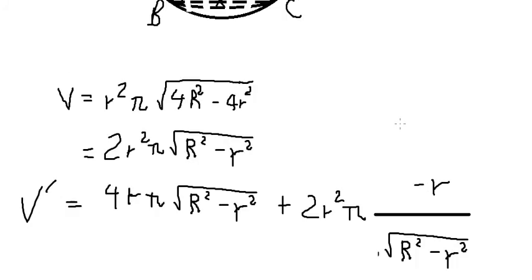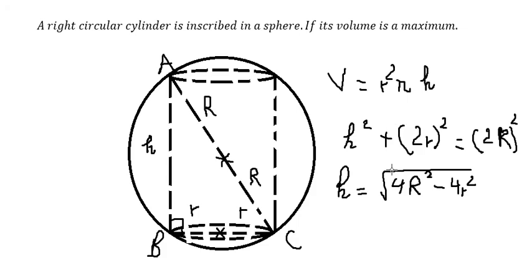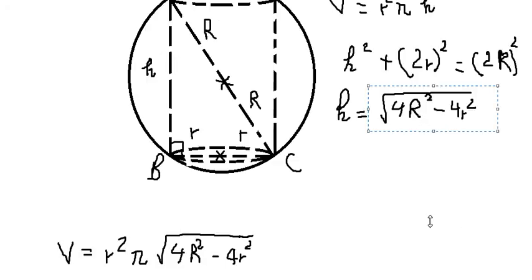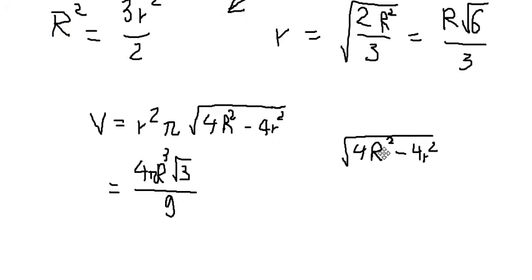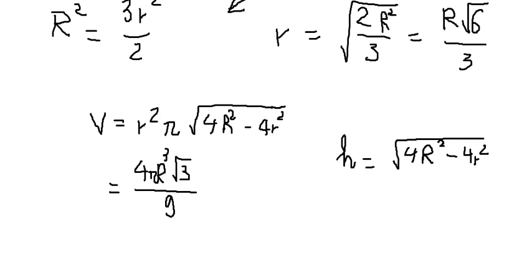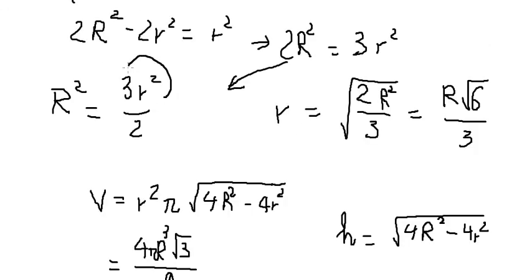The height we just have in here. So we can find the height so that they can get the maximum value of the volume. So we put r squared, that's 3R squared over 2, in here.